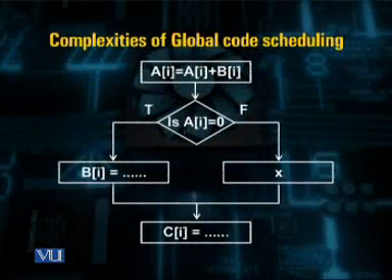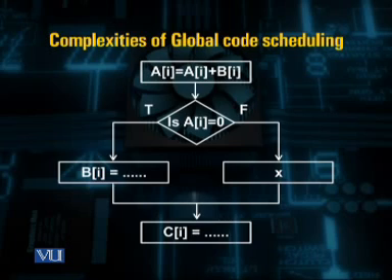For this purpose, let us consider a typical global code fragment represented here with the help of a flowchart. This fragment represents an iteration of an unrolled inner loop.